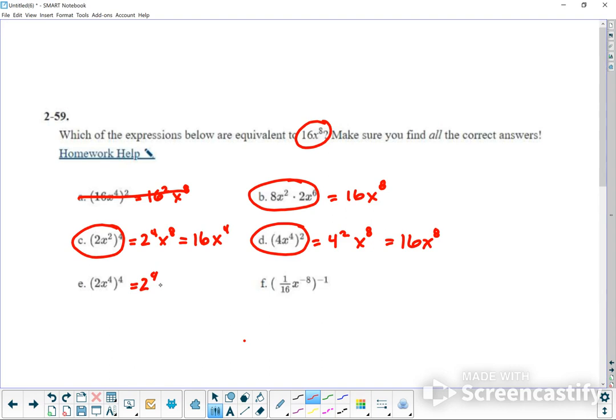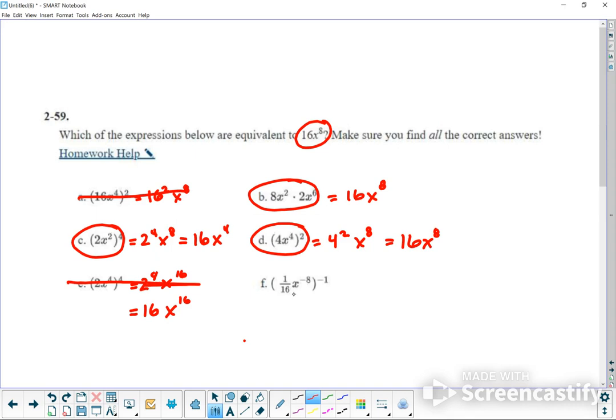Right? So that is going to be x to the 16. Although 2 to the 4th, and we did that with C, is equal to 16, your x is also to the power of 16, which we want x to the power of 8 only. So that one does not work. So that one is not it.